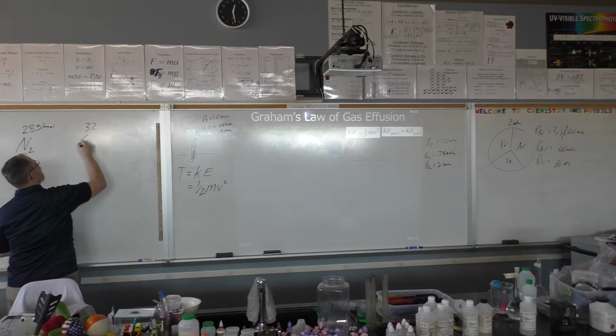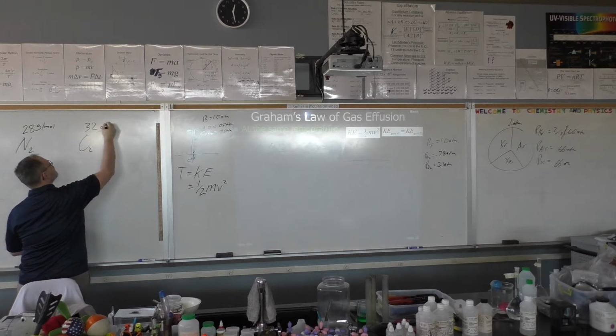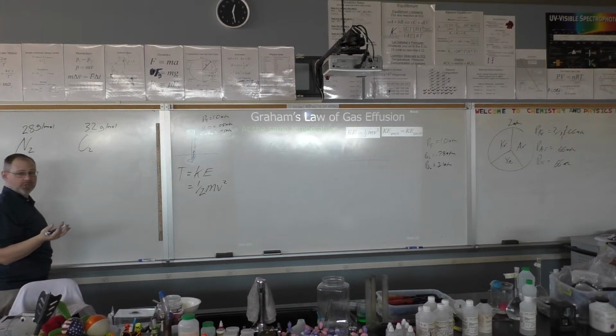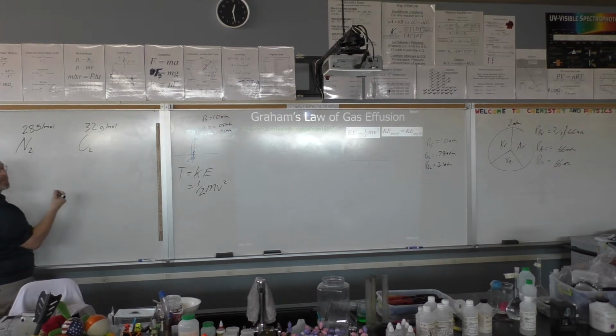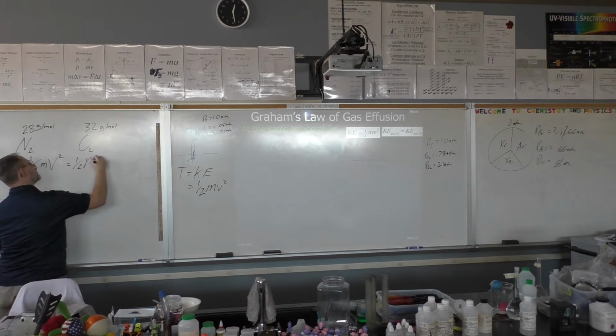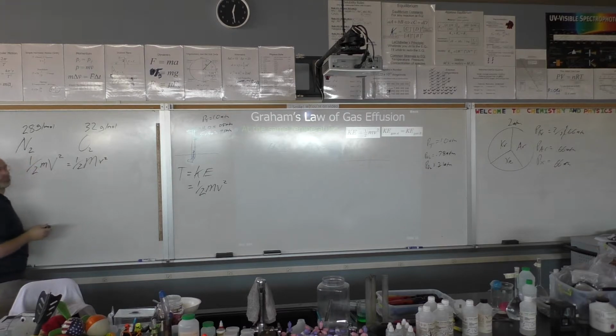Oxygen, O2, has a mass of 32 grams per mole. If they're at the same temperature, then they have to have the same 1/2 mv squared. But are the m's and the v's the same? No, because nitrogen has a smaller m, it has a bigger v squared. And oxygen would have a bigger m and a smaller v squared.